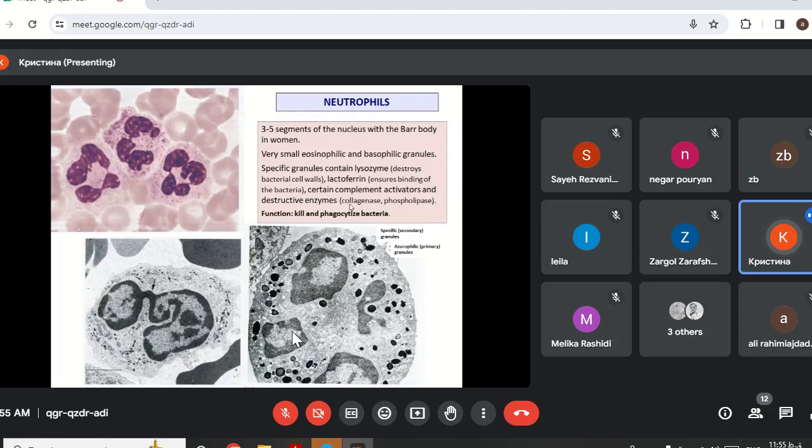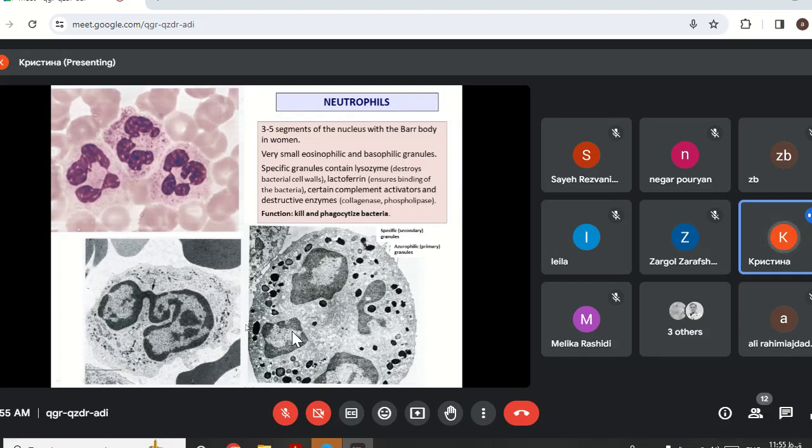In the basement membrane, as you remember, we have collagen type 4 in the lamina densa, and this collagen is broken down with the help of collagenase. Phospholipase destroys the phospholipid molecules of the membrane, and it breaks the membrane of bacteria.